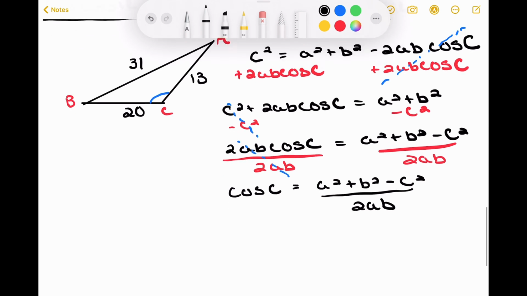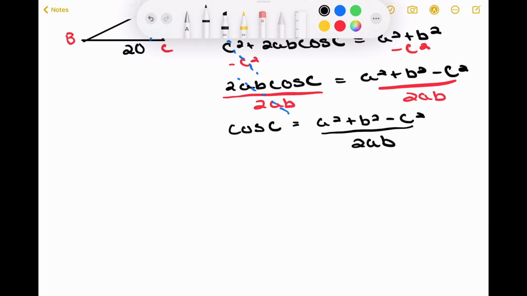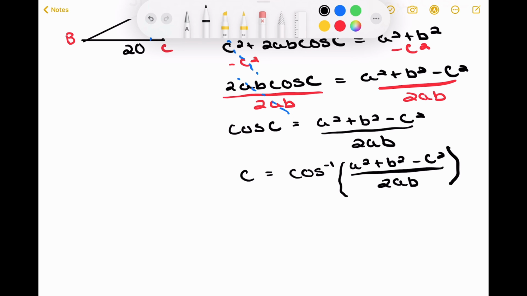And finally, when we're looking at this, what we have to do is say, well, in order to get the angle C alone, or specifically the C that is with the cos, we have to inverse the cos or arc cos. So we get C is equal to cosine inverse or arc cos with a squared plus b squared minus c squared over 2ab in the brackets.